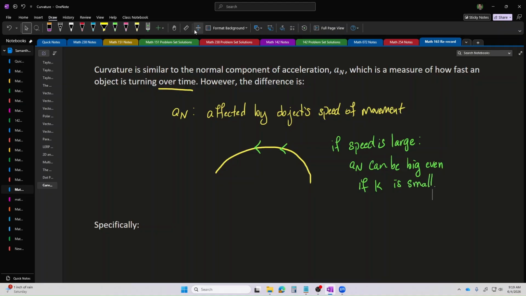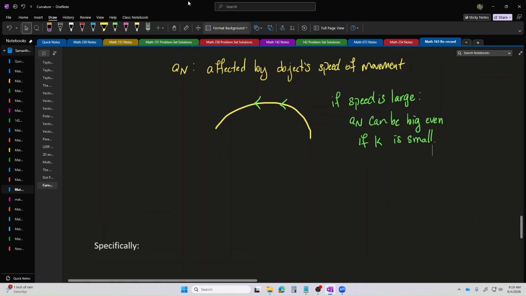So a sub n is a measure of how quickly we're turning or bending over time. It's affected by the object's speed, whereas the curvature, by contrast, is just an inherent property of the shape of the path of movement.